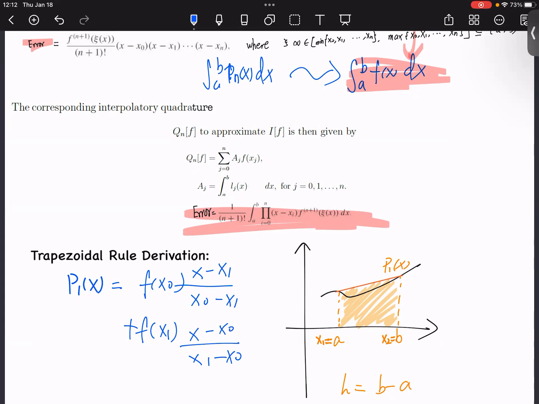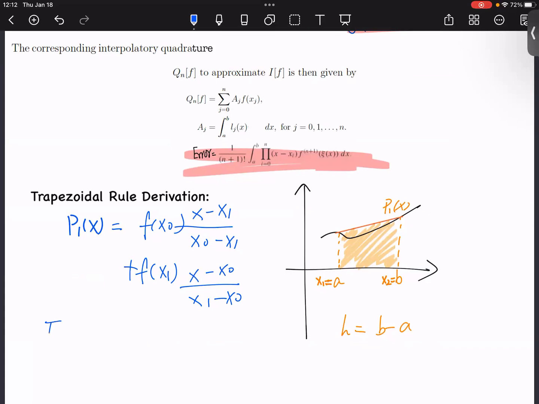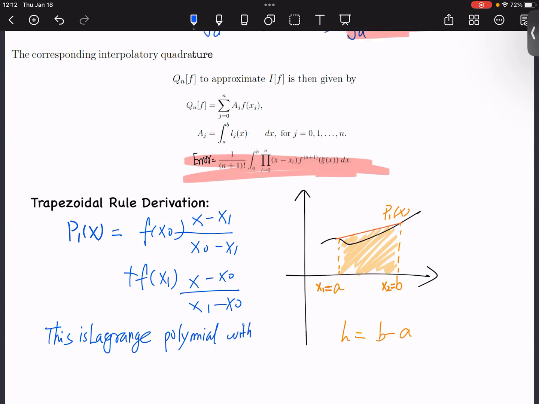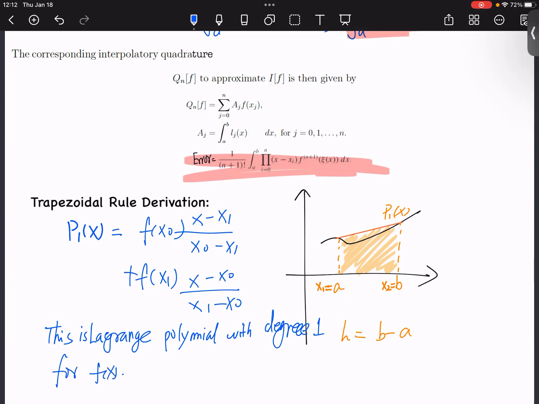This is the P1 function, and this is an approximation, the Lagrange polynomial with order 1, with degree 1, for the f(x) function.